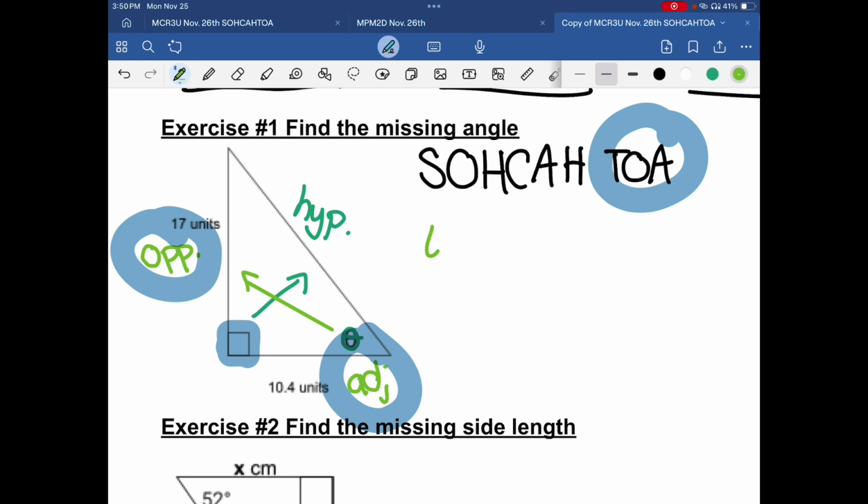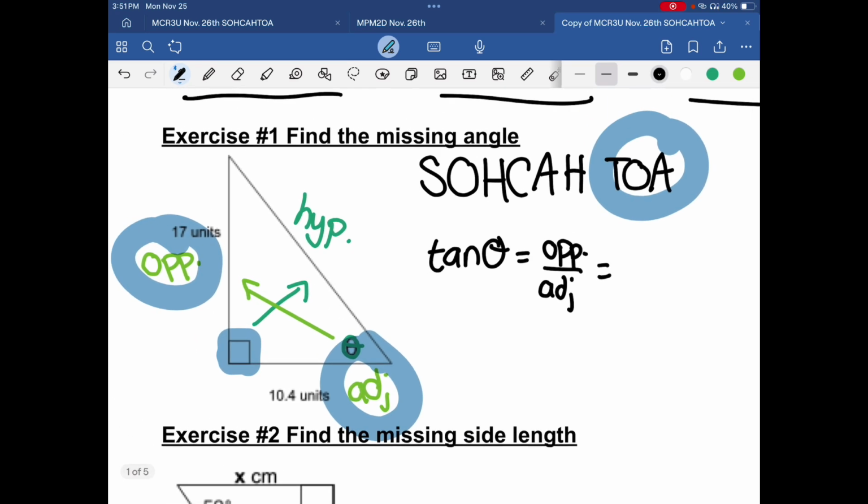So I'm going to plug in what I have. Tangent of theta equals, I know tangent is always opposite over adjacent. So I'm plugging in what I have. My opposite is 17 over 10.4.